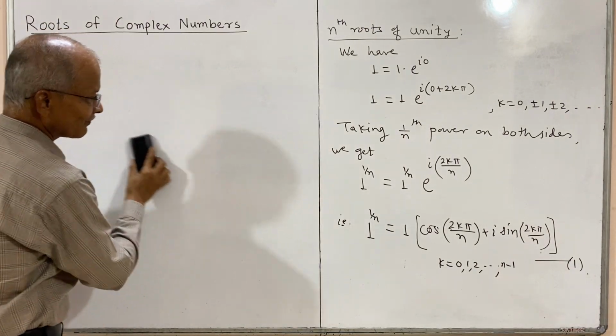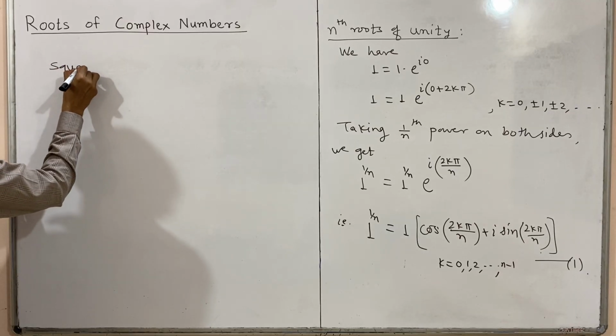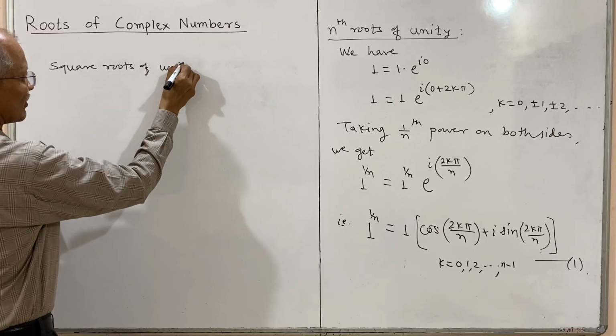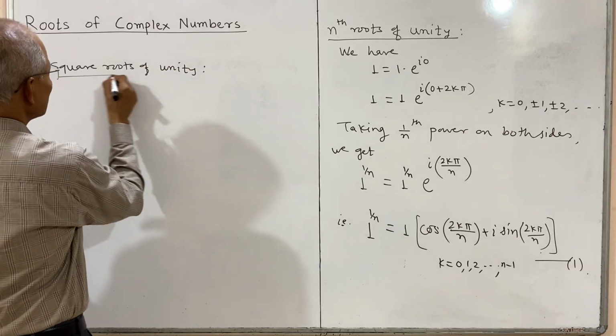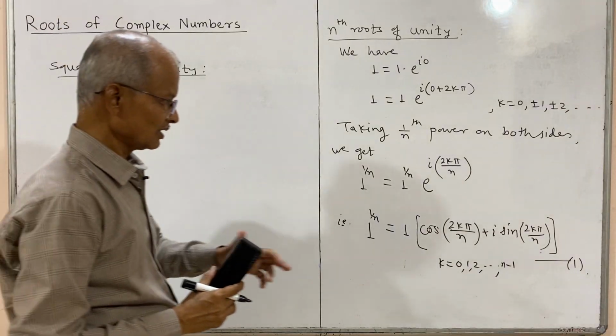So, square roots of unity. To get square roots, n is equal to 2. So put n is equal to 2 in this expression.